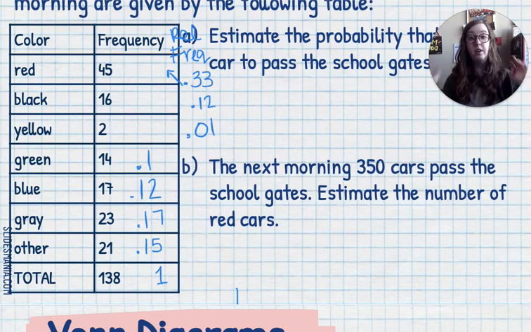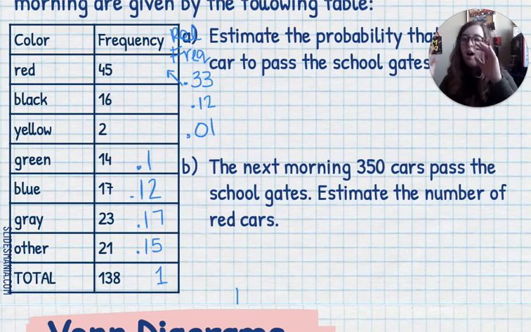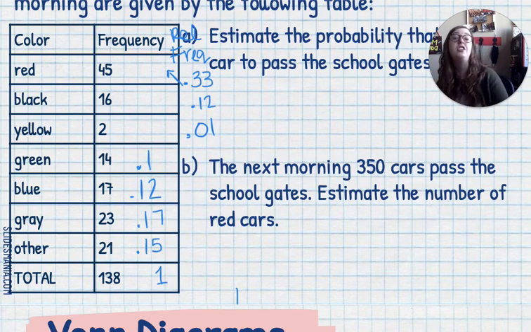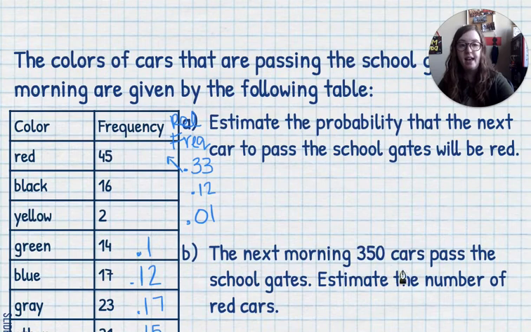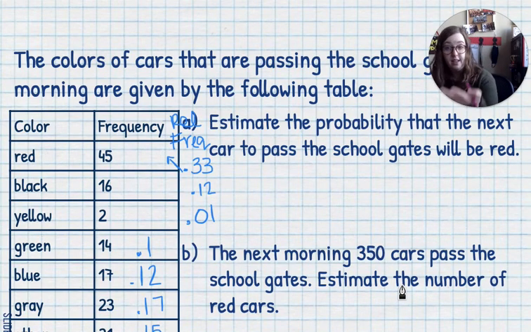Because, remember, certainty is 1, right? So if we add up all of the different probabilities for a situation, they should add up to be 1. So that relative frequency that we just found, that's essentially the probability that the next car is going to be that color, because we're going to take the number of ways that we could have gotten red.